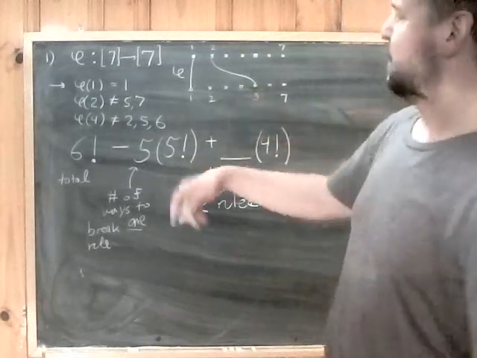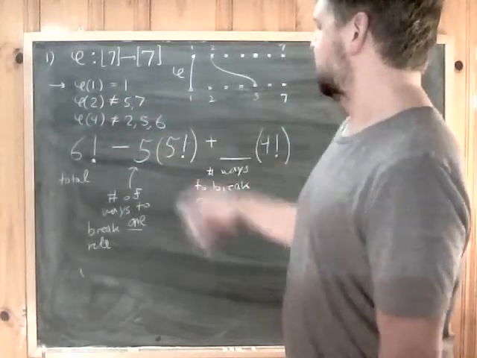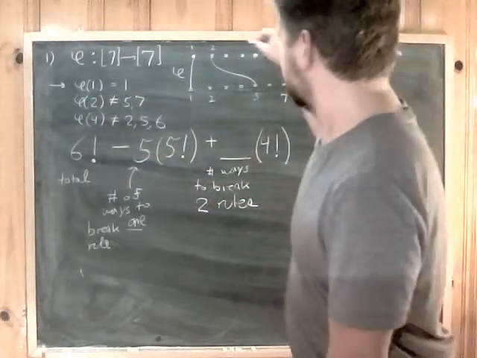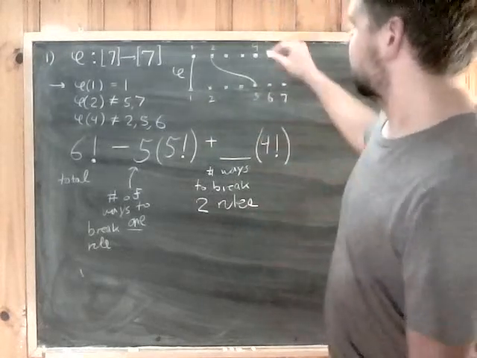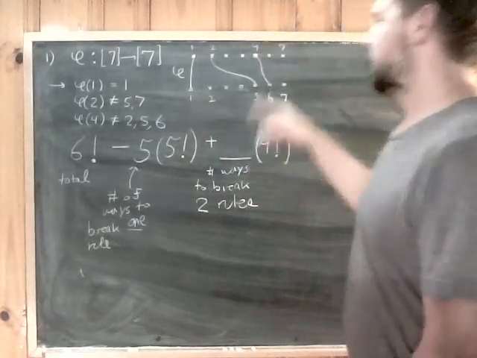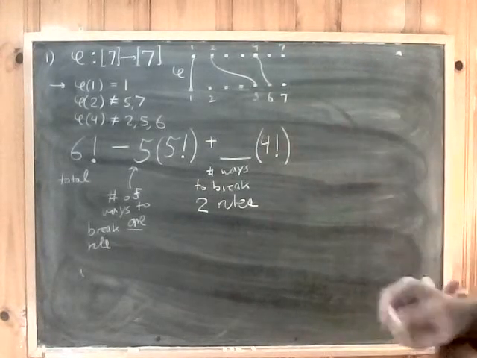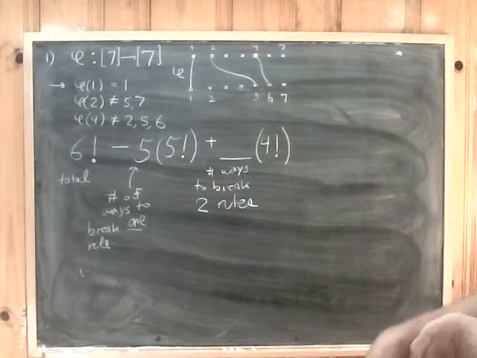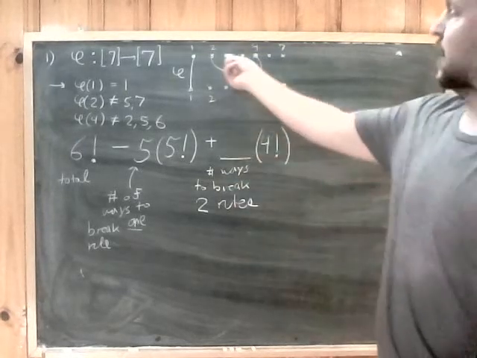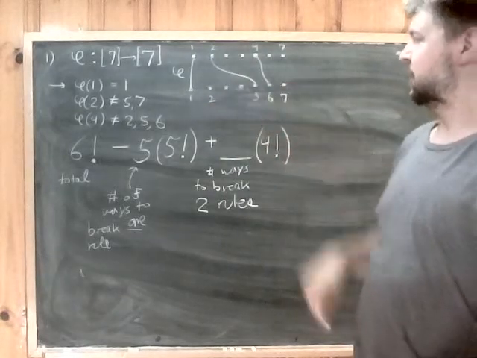To visualize that, pick a couple of rules. Phi of 2 is not equal to 5, and phi of 4 does not equal 6. So here's a permutation that obeys the original requirement, and it breaks 2 different rules. It breaks phi of 2 equals 5 and phi of 4 equals 6. Then there's still 4 dots left on top, 1, 2, 3, 4, and 4 on bottom, 1, 2, 3, 4 to connect.